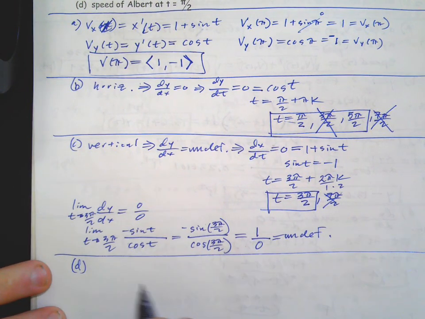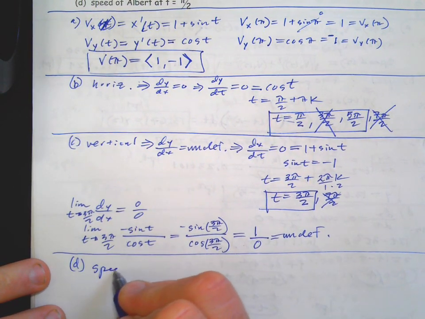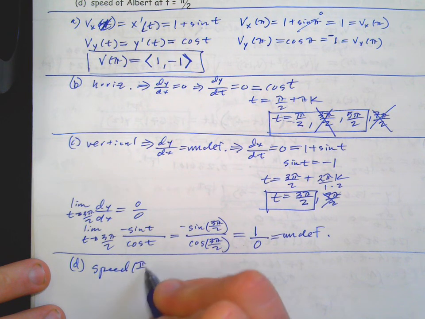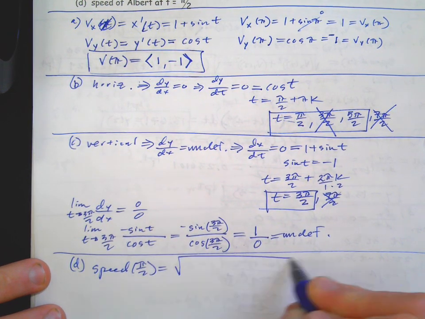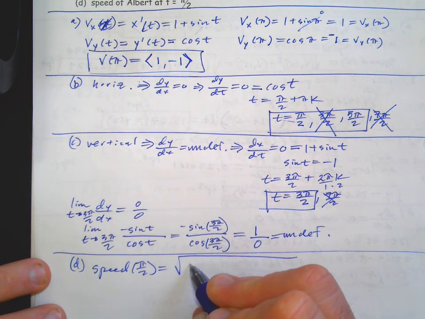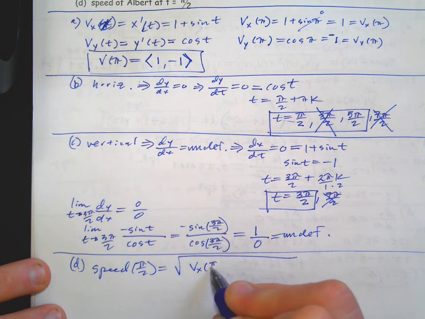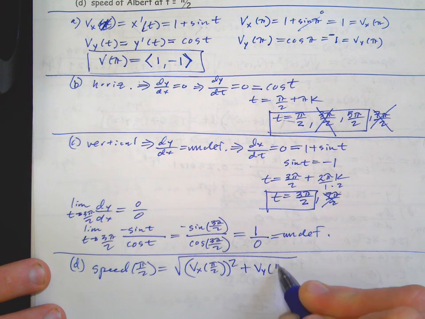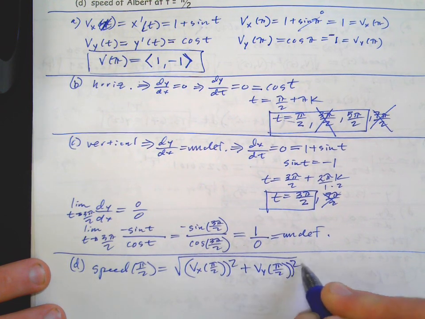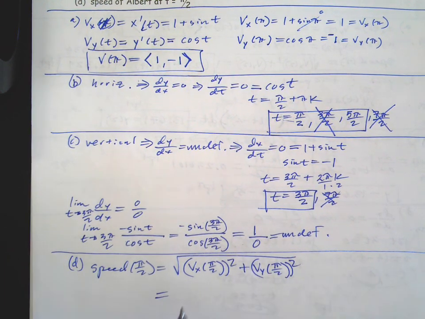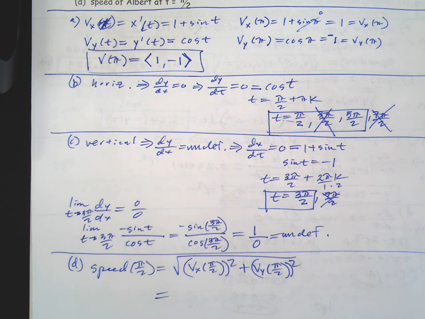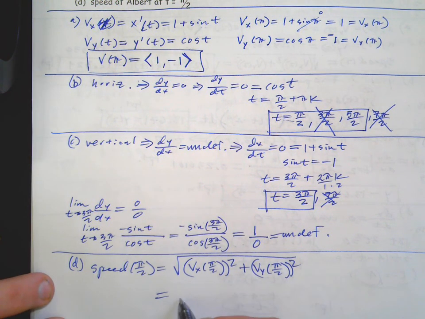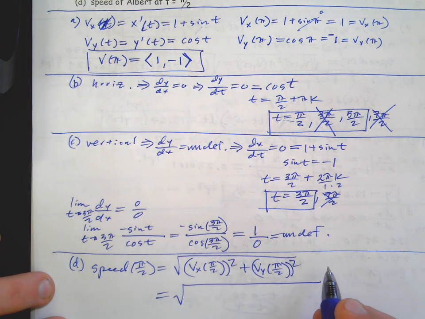D, speed at pi over 2 is going to be the square root of Vx at pi over 2 squared plus Vy at pi over 2 squared. And did we calculate this already? Well, good.